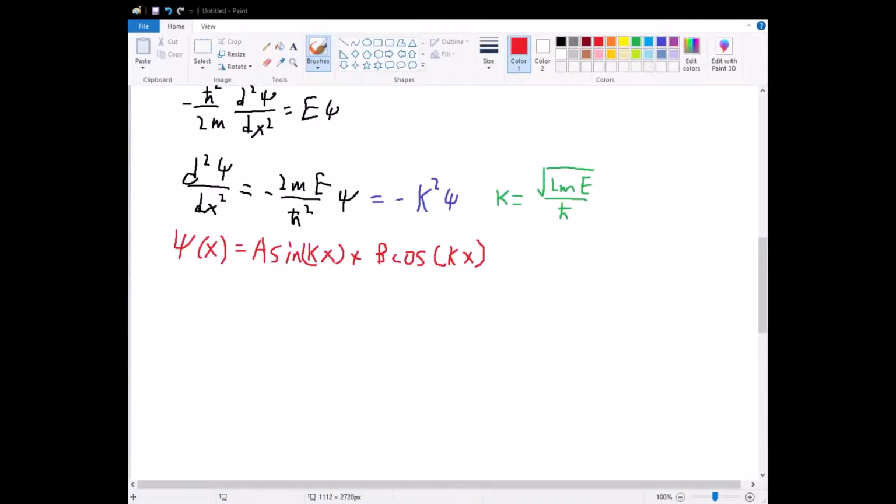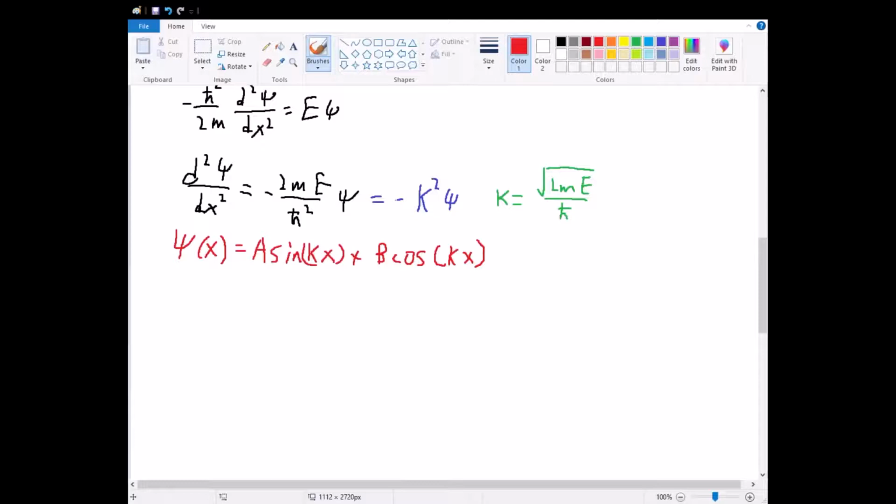Now, originally in classical mechanics, when we're dealing with problems in the form of a harmonic oscillator, our goal is to find the constants A and B. And for harmonic oscillators, this is normally done by looking at the initial conditions. In quantum mechanics, we do the exact same thing, except instead of the initial conditions, we look at something called the boundary conditions.